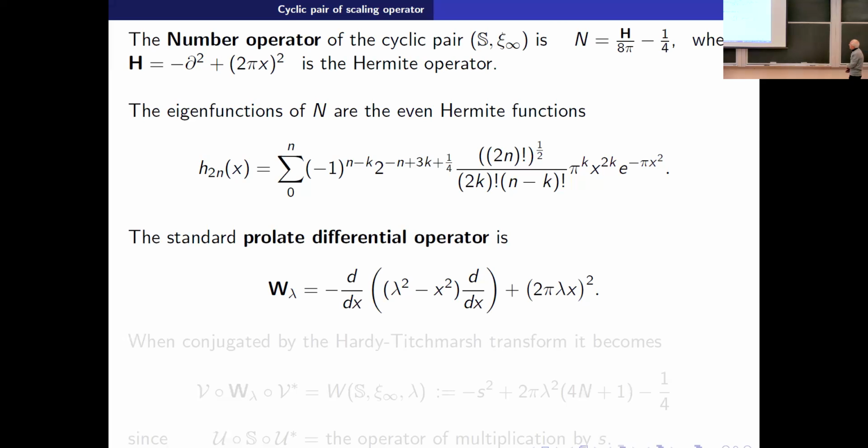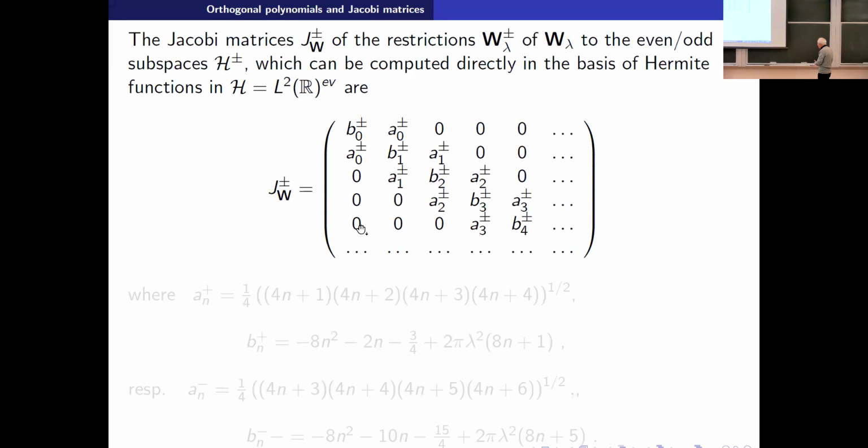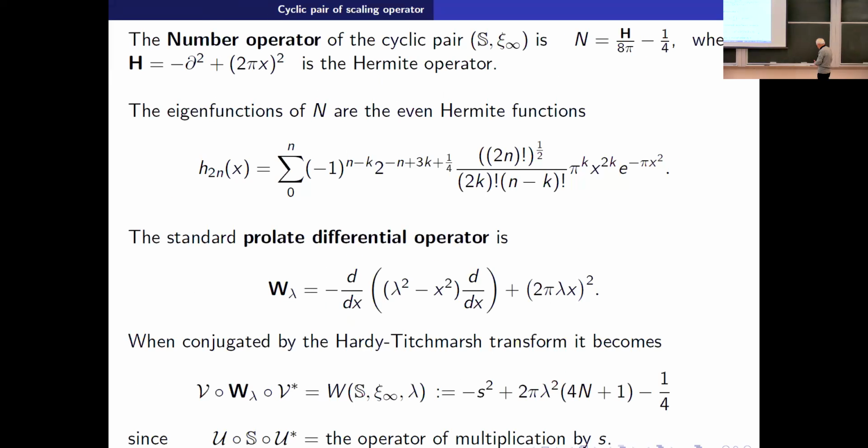Okay, if you look at it, you see that this parameter lambda is running. I mean, it can be fixed anytime at 1, for instance, but we keep it there from the beginning.